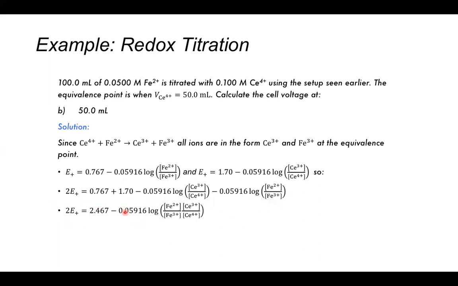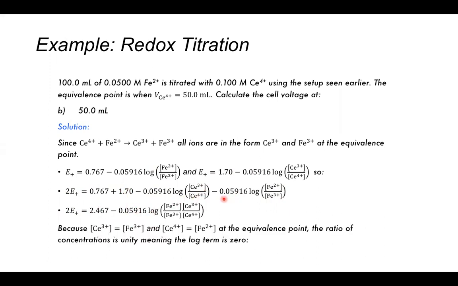So it's going to end up being like this. We've added these two together and combined these two terms. Because the cerium 3+ concentration and iron 3+ concentration, and the cerium 4+ concentration, is equal to the iron 2+ concentration at the equivalence point, the ratio of concentrations is unity, meaning the log term is 0. So 2 times E is equal to 2.467.